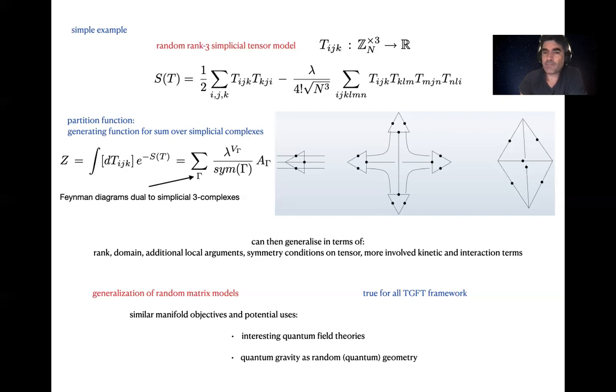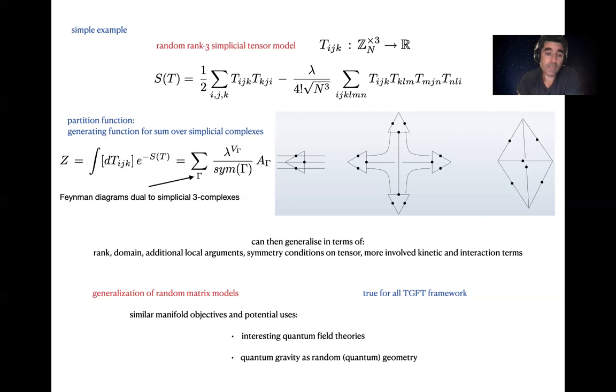So this is the simplest prototype of the non-local combinatorial pairing that I was mentioning, and of the general fact that the Feynman diagrams of these models are cellular complexes rather than just graphs. From this model, one can then generalize in terms of the rank and the domain, and add additional local arguments for the tensor field. There could be additional symmetry conditions, and of course, there could be more involved kinetic and interaction terms.